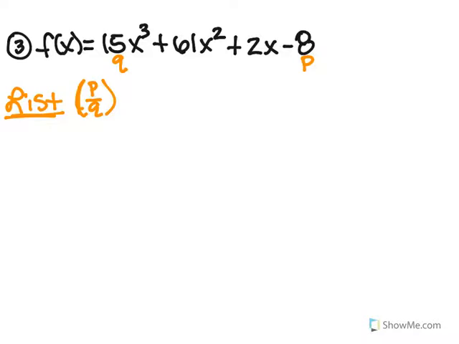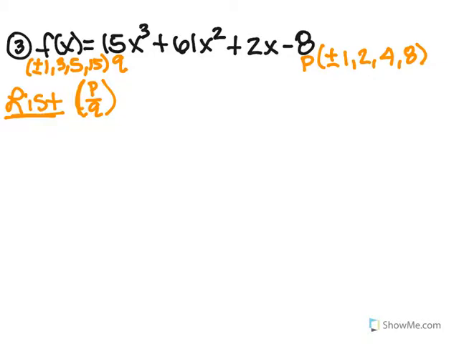What numbers would you be picking from? So our p's would be positive and negative 1, 2, 4, and 8. And our q's would be positive and negative 1, 3, 5, and 15. Those are the numbers that would divide into 15. Those are your q's. And your p's are 1, 2, 4, and 8. Those are the numbers that would divide into 8.